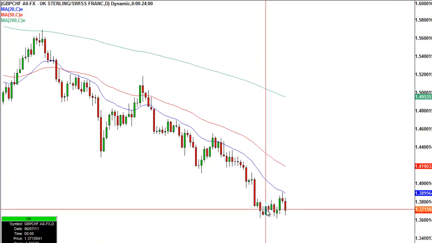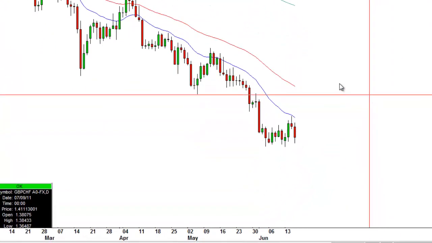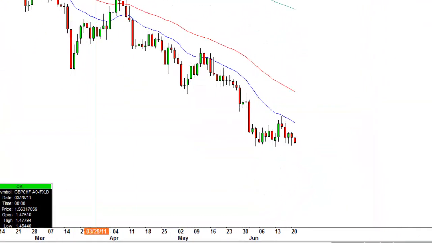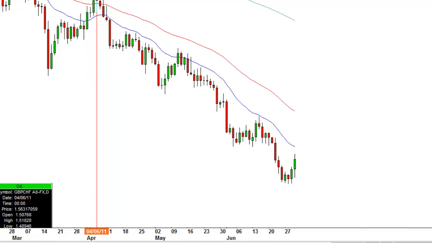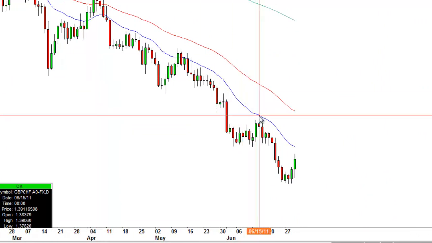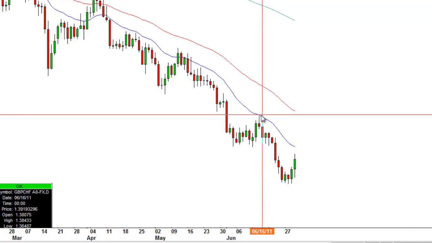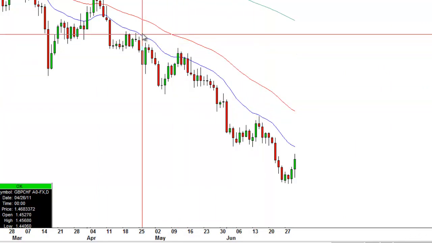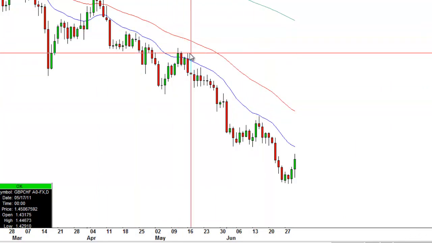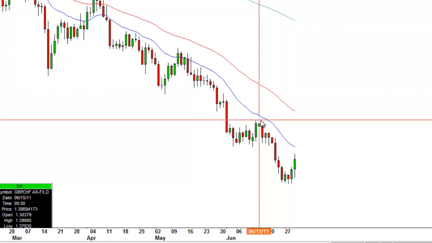It's come back to test the 20 moving average in advance of making a new lower low, like so. We can see at this point here that the 20 moving average has been respected for the third time. It got respected here once, twice, third time.